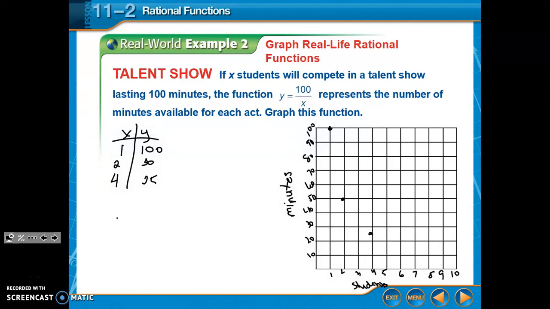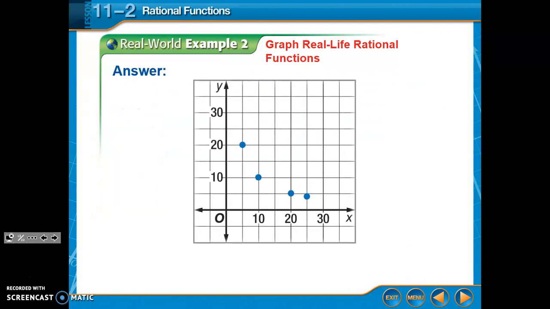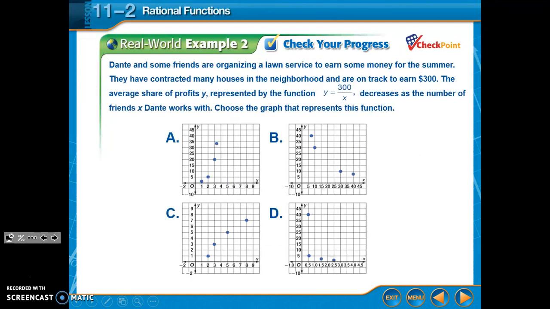If I put in 10, that's going to be 10. So at 10, I'm down to 10. So this is going to be my graph when I do this. Okay, that's the function. And if you were to draw theirs, theirs looks a little nicer. Okay, so you guys say which one of these is the graph for 300 divided by x.